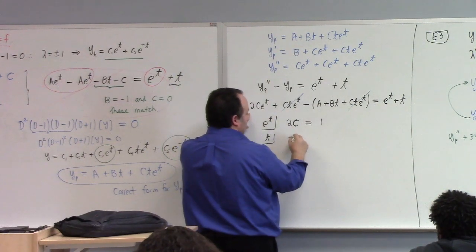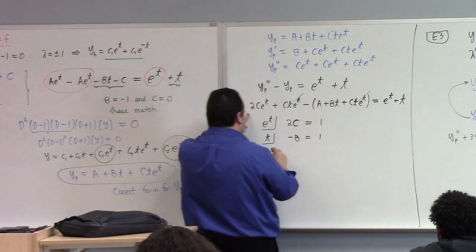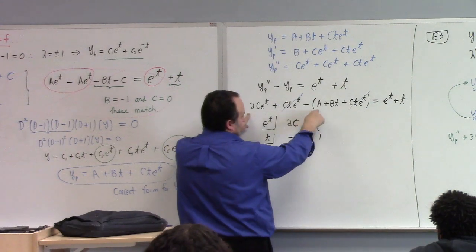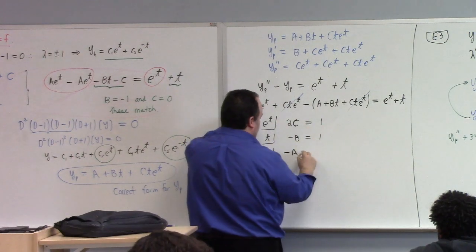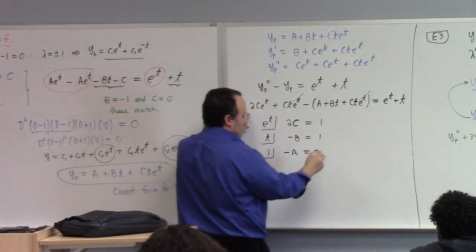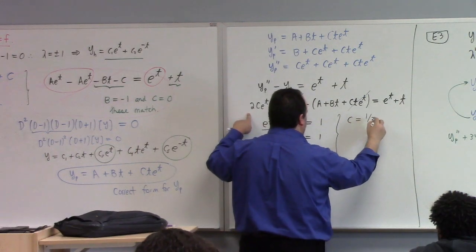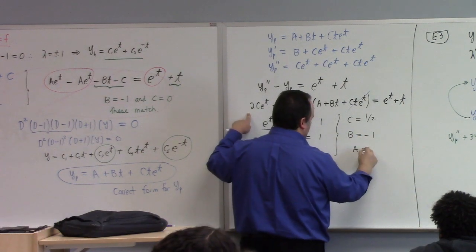Minus B. Anything else? Nope. Over here? 1. And from constant terms, what do I got? Minus A. And over there, 0. So you can solve these. My undetermined coefficients are no longer undetermined. They're in fact a half, minus 1, and apparently 0.